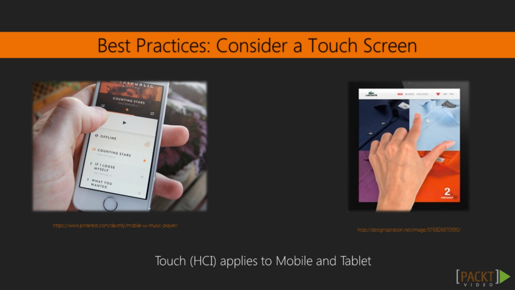In human-computer interaction terms, mobile represents a new paradigm of interacting with a computer, onset by the touch-sensitive screen and the changing ways we interact with the computer. The challenge is that we have to consider both interaction models, the mouse and the keyboard for the desktop, and the touch for the mobile and tablet devices. Therefore, let's learn some best practices that we should consider for touch screen.